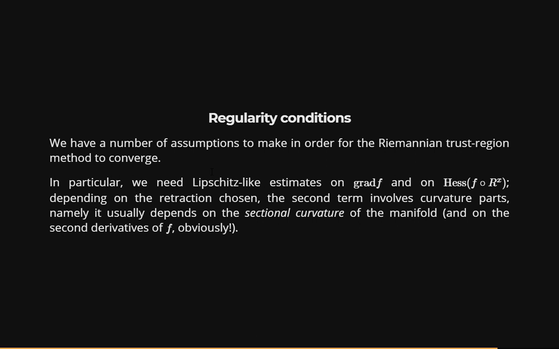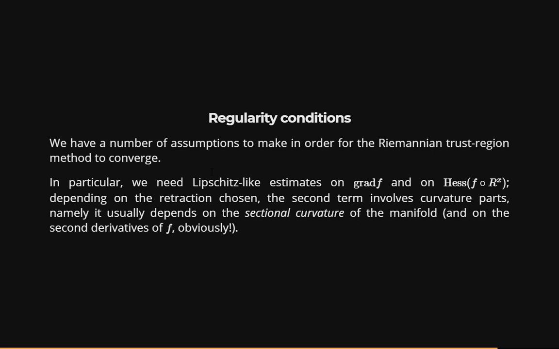Now, because you compute the Hessian on two directions at a time, because the Hessian is a bilinear form, now you want the Lipschitz condition on the Hessian. Lipschitz means bounded derivatives, so you are taking the derivatives of terms involving the Christoffel symbols, which will give you either something terrible and a real mess, or curvature.